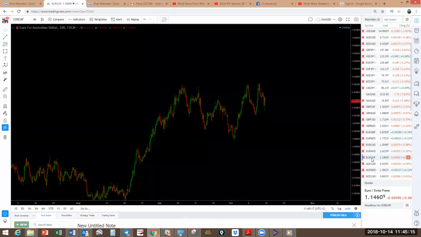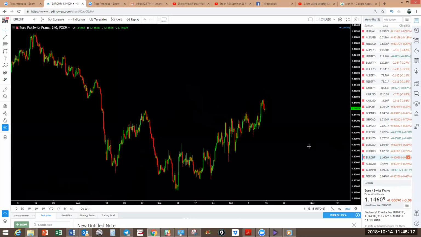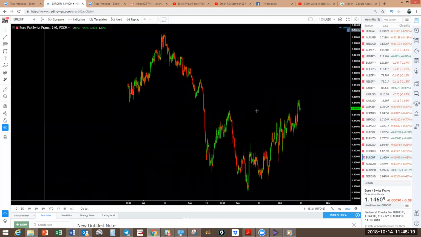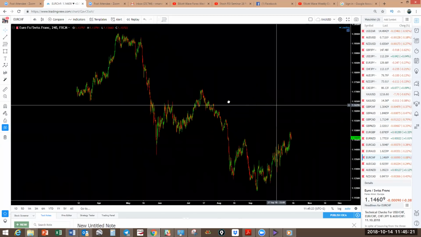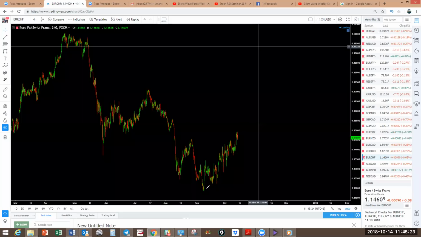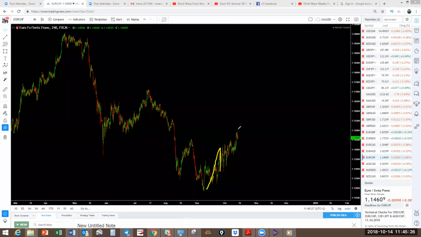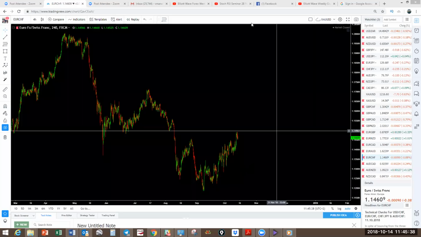EURGBP. It's making this corrective structure. It's going up in a corrective structure. It looks like Pound Swiss. A drop from the current levels will mean downside. So this is crawling up.